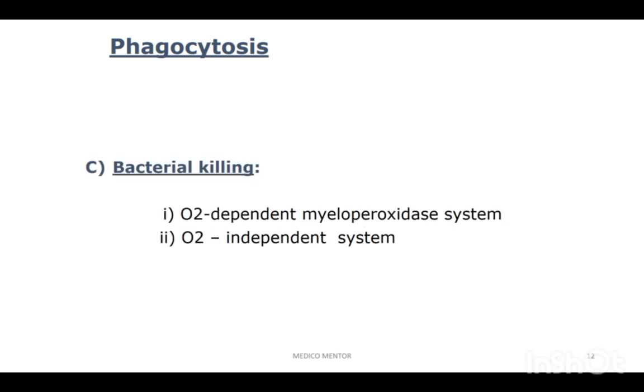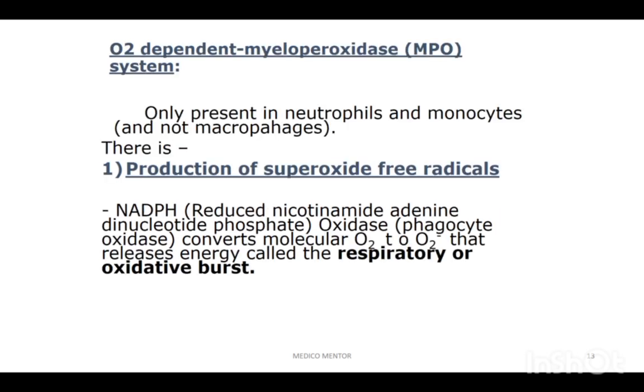The last step of phagocytosis is bacterial killing, and the process of killing could be oxygen dependent or oxygen independent. During the process of the oxygen dependent myeloperoxidase system, several steps can occur.